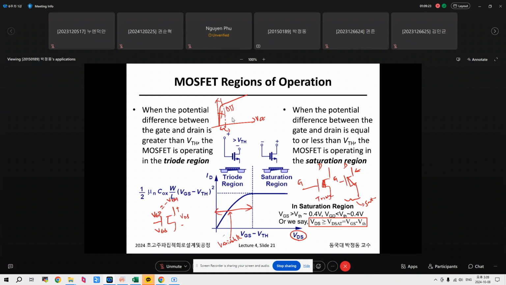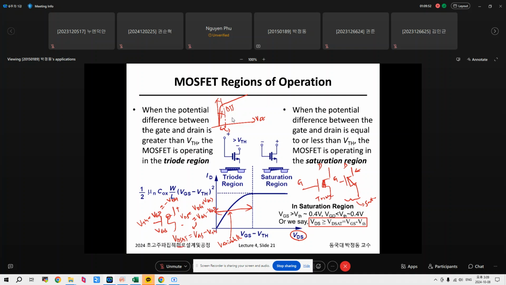Okay. So VDS equals VDG plus VGS minus... VGD, right? If VGD is the threshold voltage, it forms a channel at this point. So we can derive the criteria: VDsat equals VGS minus V threshold.